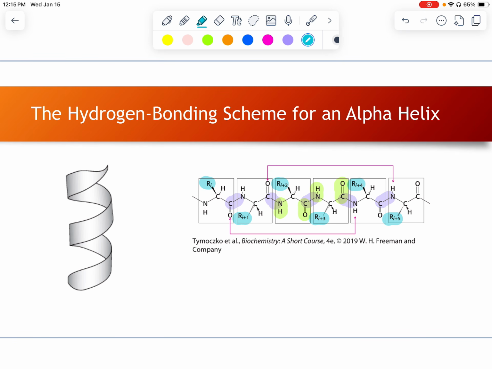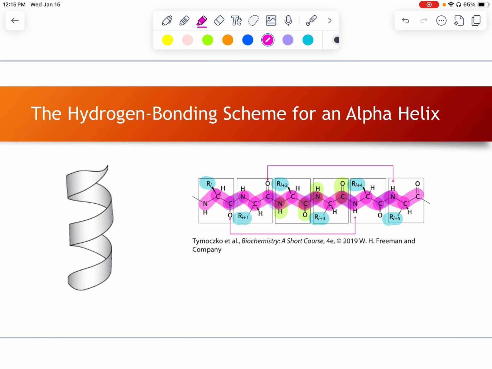The primary structure is just the order of these amino acids. The secondary structure is how this backbone, so we're going to have a repeating backbone that's essentially nitrogen, alpha carbon, carbonyl carbon, nitrogen, alpha carbon, carbonyl carbon, so on and so forth. This backbone piece is what we're looking at when we talk about secondary structure.